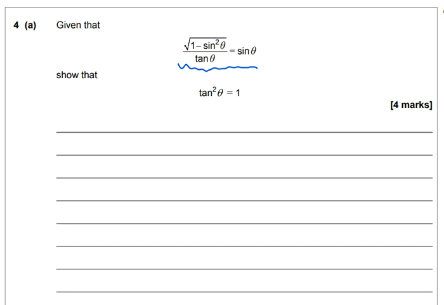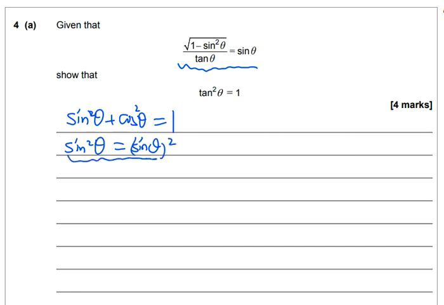So the basic thing we use in proving some of the trigonometric functions or equations is sine of theta squared plus cosine of theta squared is equal to 1. And don't forget that this notation here, sine of theta, is actually the same as sine of theta squared.